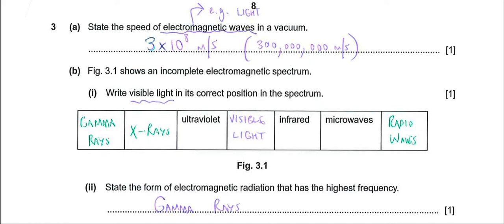We're then asked to state the form of electromagnetic radiation that has the highest frequency. Now, again, this is one of these things that you can either remember purely from fact, or you can try and have a bit more system to it. I think remembering these things is quite easy at GCSE, is that gamma ray is the highest energy and therefore the highest frequency in terms of the rays that we use.